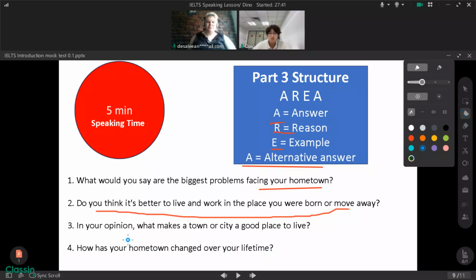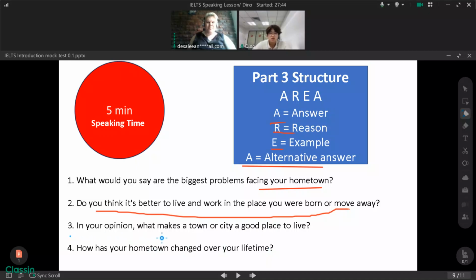Okay. So in your opinion, what makes a town or a city a good place to live? What does a town or a city need to be a good place to live? I think a town is a good place to live, not a city, because my town's air is very clean.